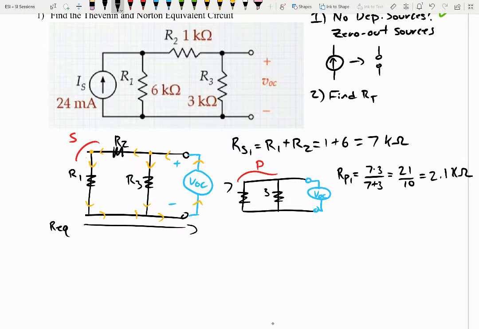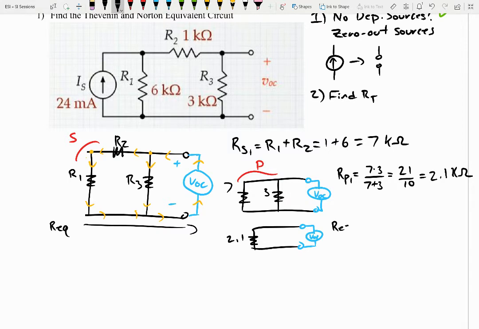And if we redrew it one more time, it's 2.1, VOC, a little small there, but so we see that we only have one resistor and one source.